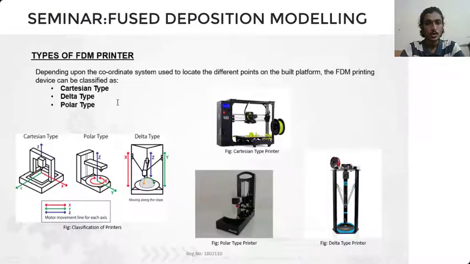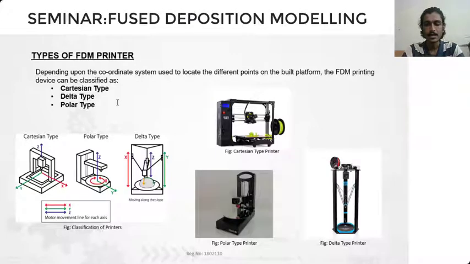Then let's take a look at the types of FDM printer. Mainly there are three types: the Cartesian type, Delta type, and Polar type printer. In Cartesian type, the print head moves along the XY direction, whereas the print bed moves along the Z direction.